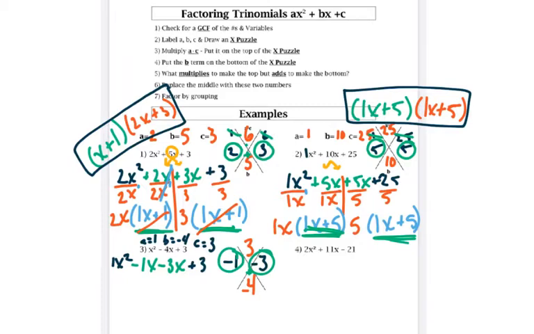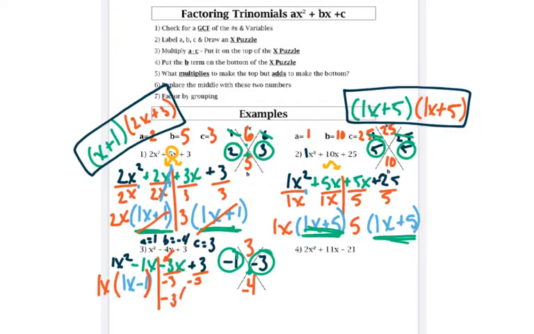Draw my line. I can take a 1x out of both terms. That leaves me with a 1x minus 1. I can divide these by 3, but I always have to take the sign of the third term. So that's a negative, so I can take out a negative 3.